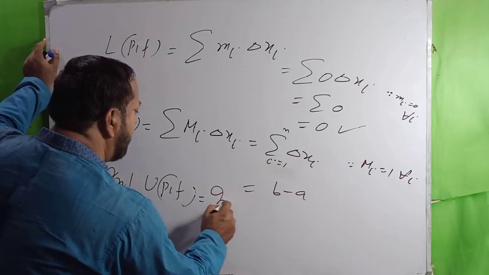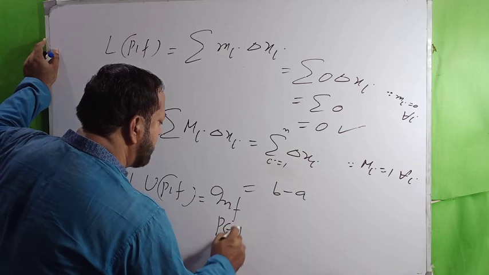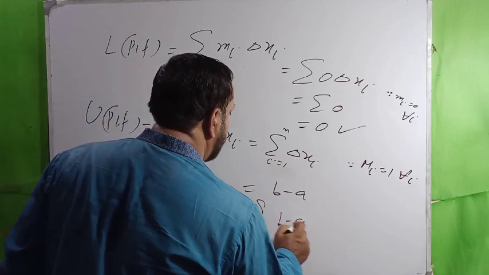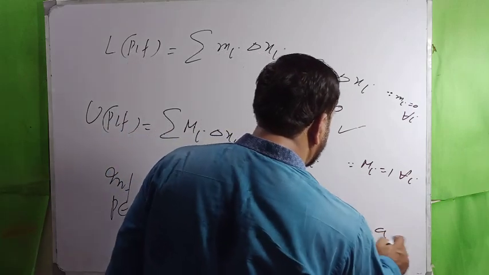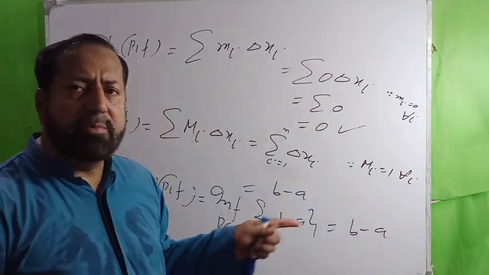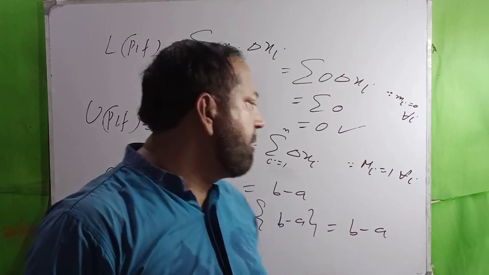This is the infimum over P of b minus a, and since b minus a is constant, this is equal to b minus a. So c was b minus a in fact.